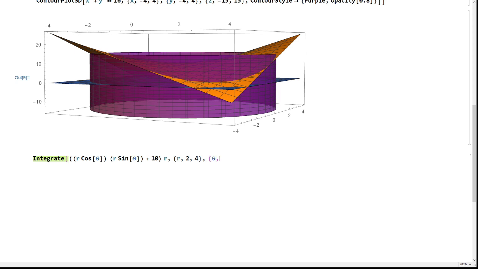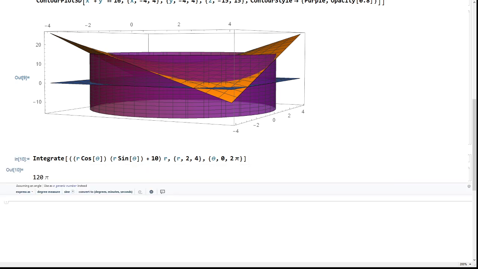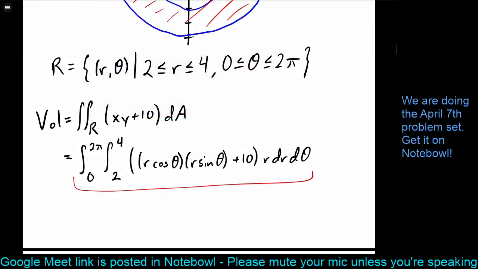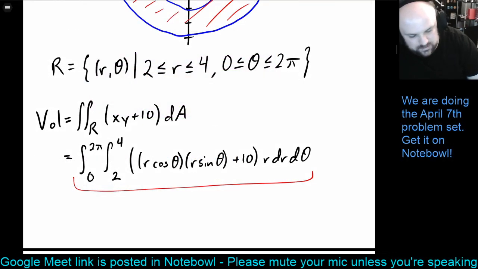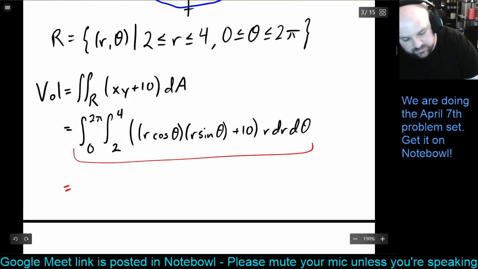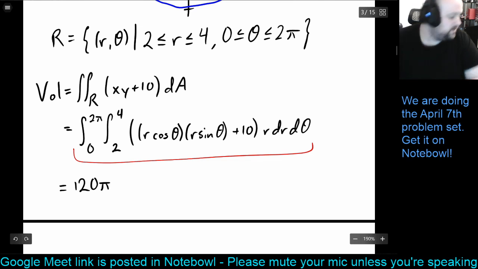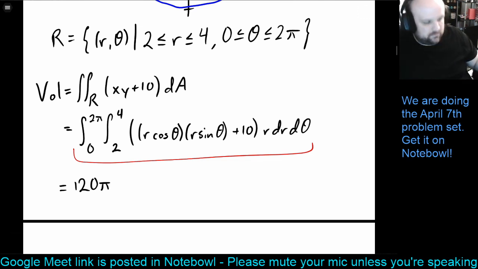Theta goes from 0 to 2 pi. All right, and now we just integrate that. Cool, 120 pi. So this is 120 pi. Right, that's all there is to it.